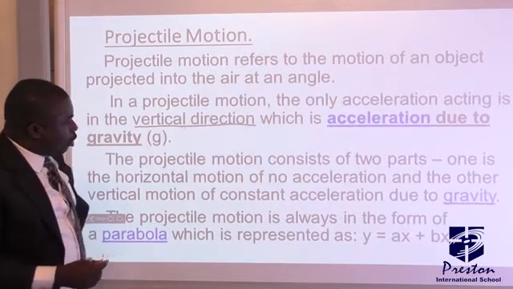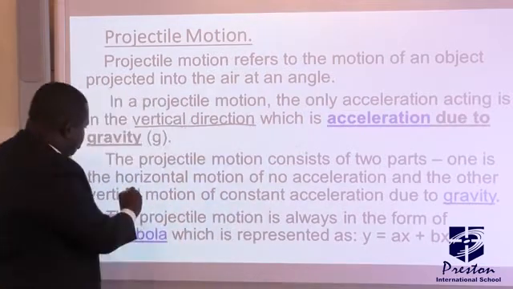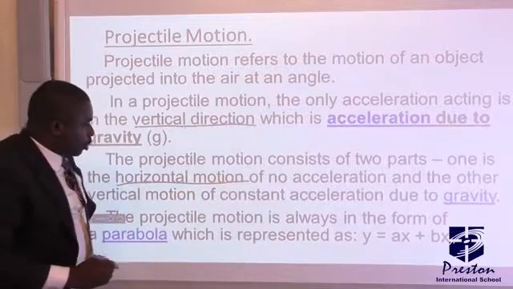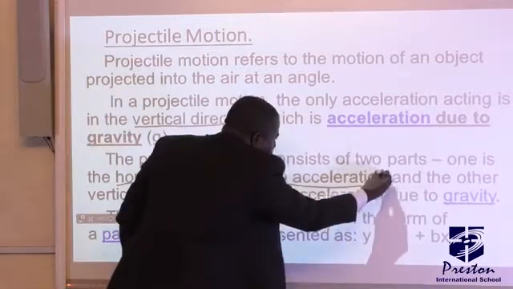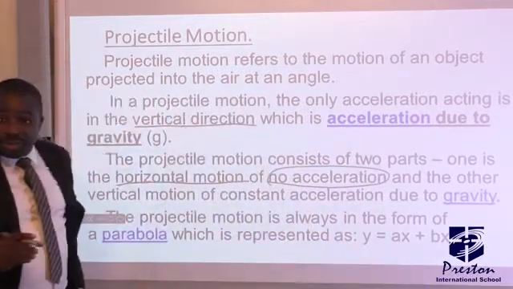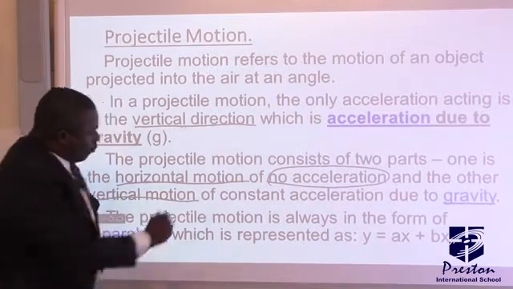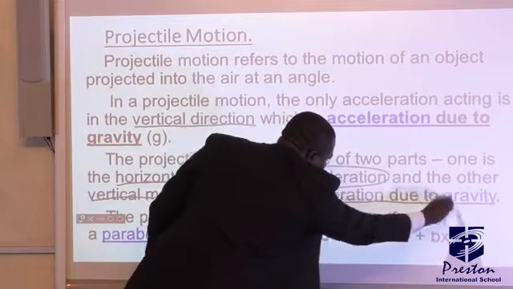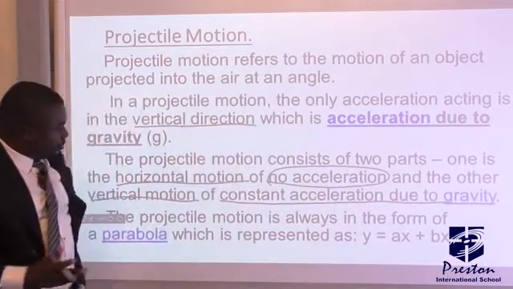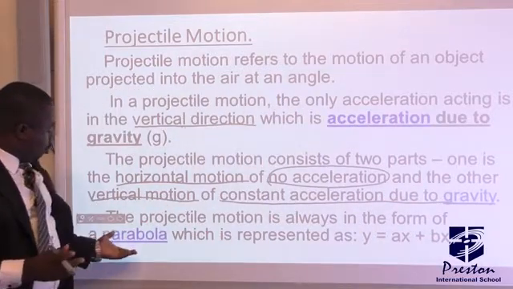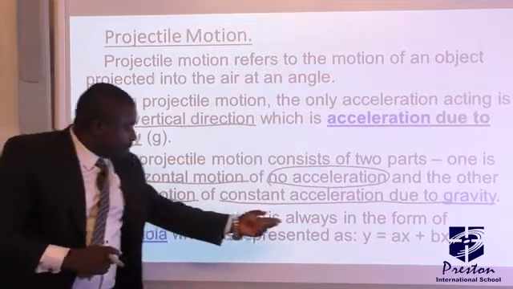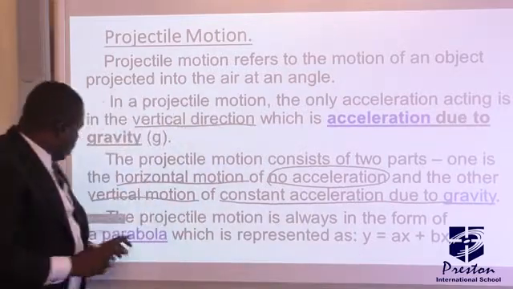The projectile motion consists of two parts. I've mentioned that before. The horizontal motion, where there is no acceleration. I want you to pay attention to that. And also, we have the vertical motion of constant acceleration due to gravity. The projectile motion is always in the form of a parabola, which is represented by this particular equation.